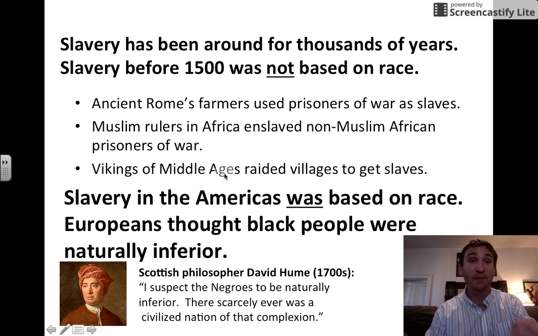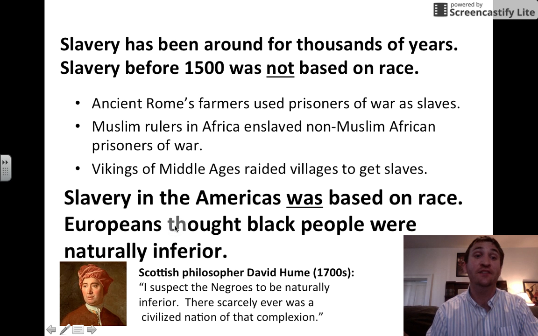Now, talking about slavery in the Americas in the 1500s, that was based on race. Why? Well, the Europeans, who were so important to the slave trade, thought black people in general were naturally inferior human beings. They thought they were born inferior.